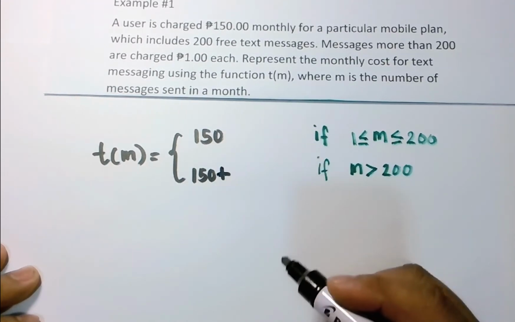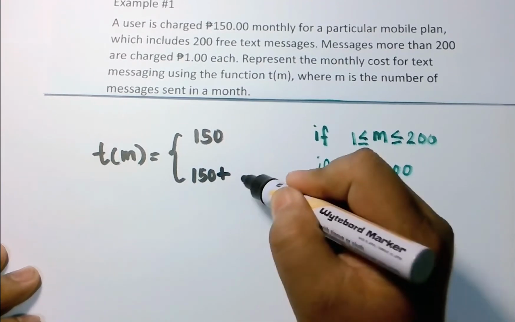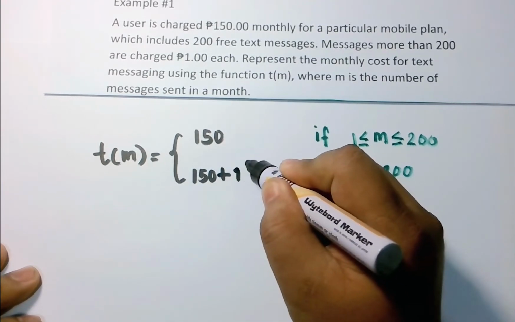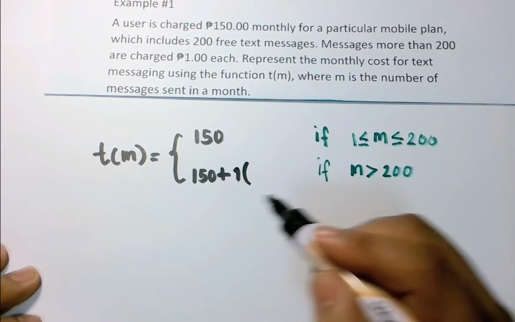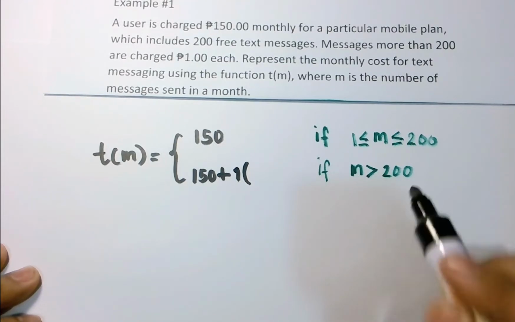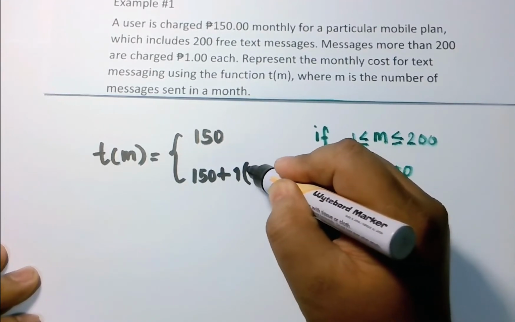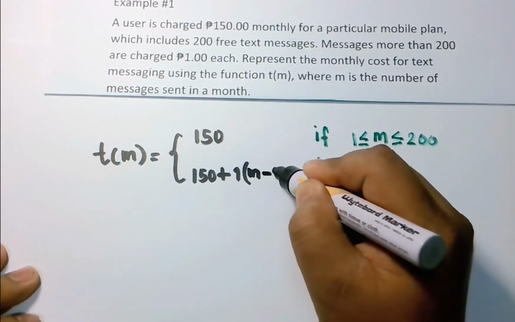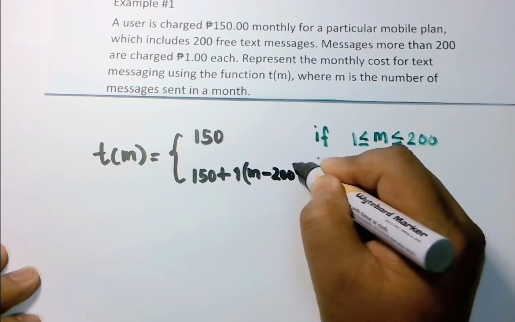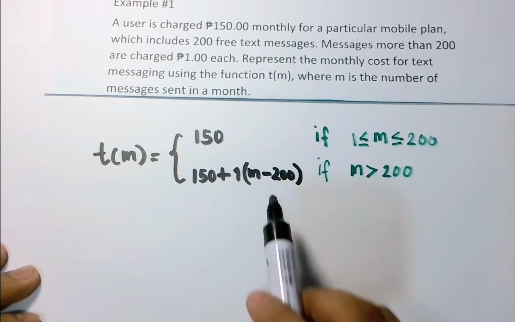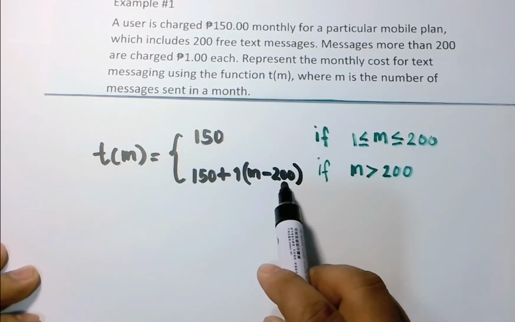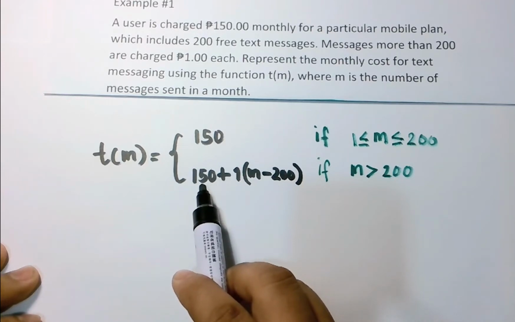So, ano kaya yung ipa-plus natin dito? Ipa-plus natin dito yung 1 peso times dun yung sobra dun sa 200. Kung yung M ay yung total number of messages, so yung M yung babawasan natin ng 200. Okay. So, bakit ba natin binawas si 200? Kasi yung 200 na yon ay bayad na yon ng 150.